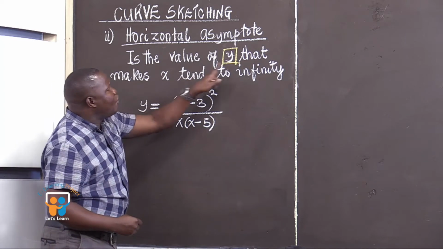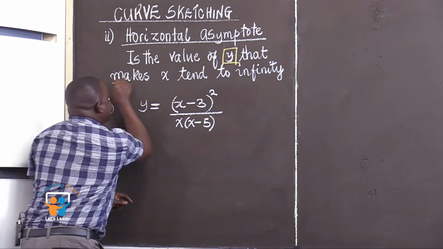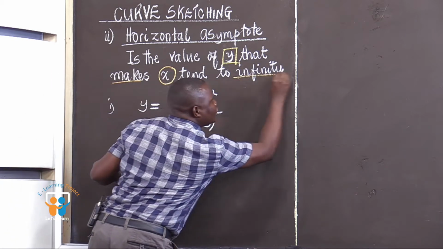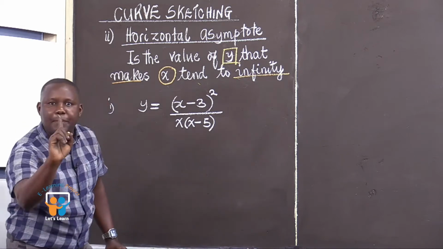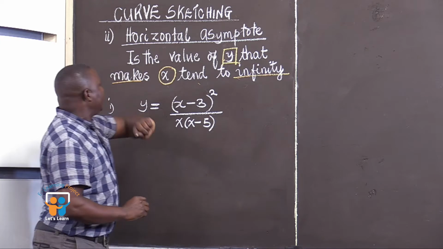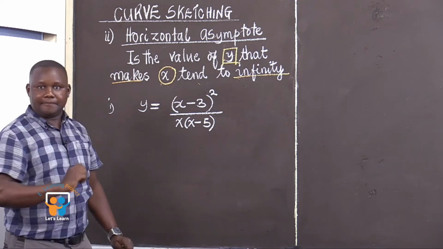And this value of y does one thing: it makes our x tend to infinity. There is a value of y that makes x tend to infinity.